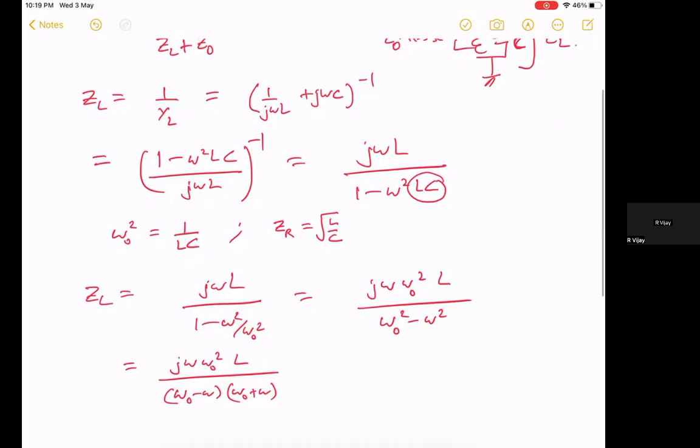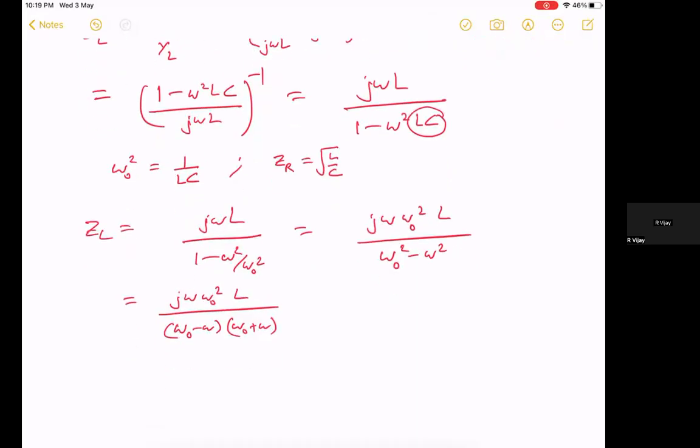Now, the approximation we are going to use is the one which was given in the problem, that I'm going to write down omega naught plus omega as approximately equal to 2 omega naught. Now, why is this a valid approximation?